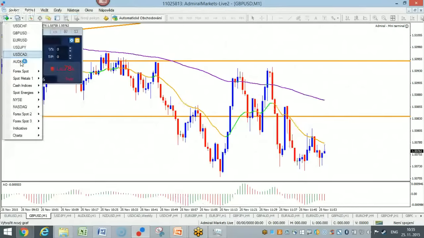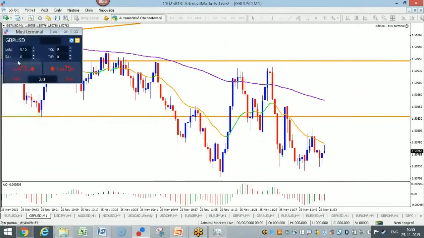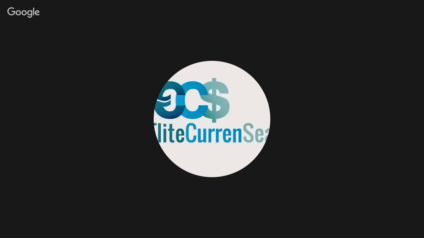Now, the cool thing about the channels is that they indicate the zones of support and resistance, and because we already know what direction we're looking to trade, we're looking for the opposite zone. In a downtrend, we're looking for the resistance zone.